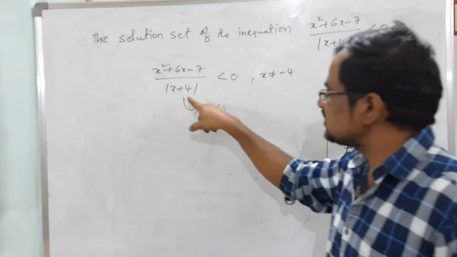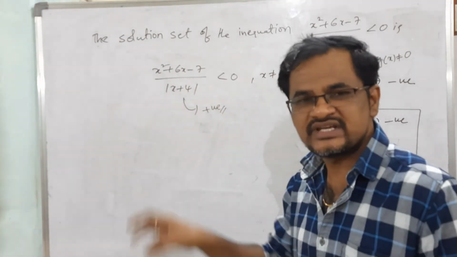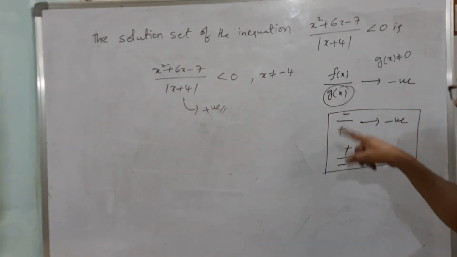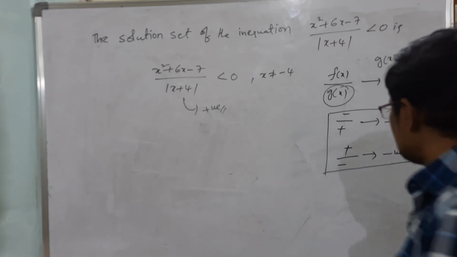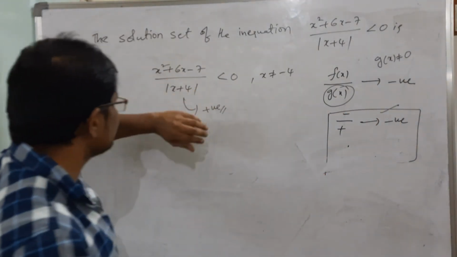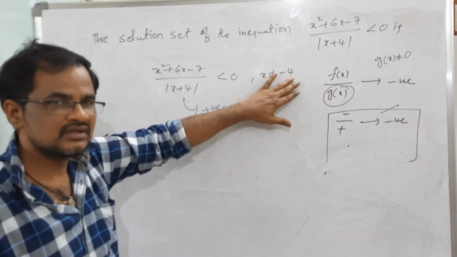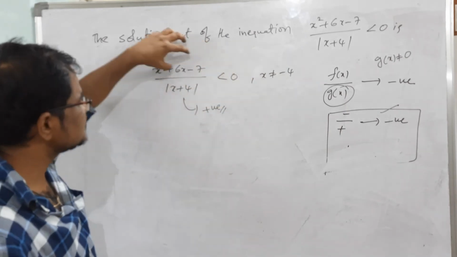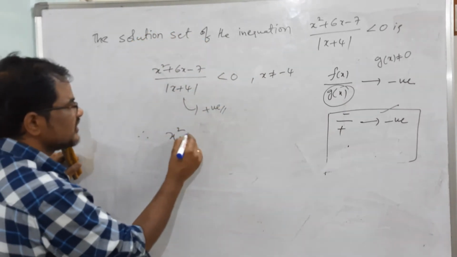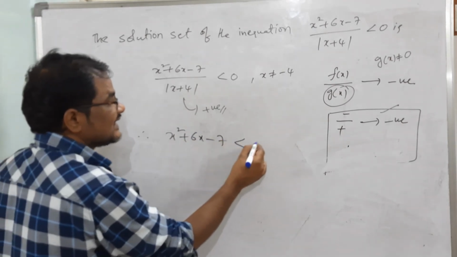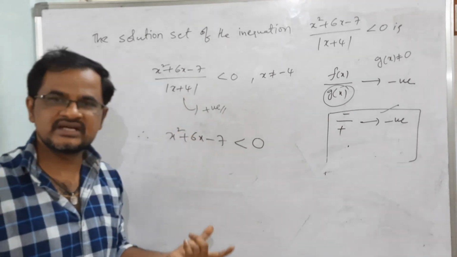And after that, for any real number, this modulus x plus 4 is positive only. So in these two, which condition do you have to take? This condition, right? So here we already know that modulus x is positive and x not equal to minus 4. So definitely, the right side negative means the numerator should be negative. So by that condition, what do we have to take? x square plus 6x minus 7 less than 0, you have to take. Okay, because here there is no chance to get negative otherwise.